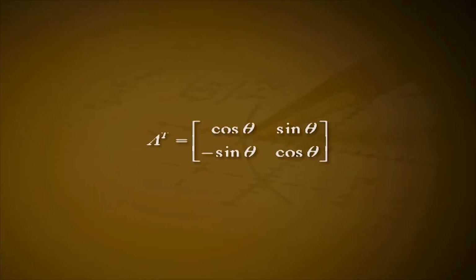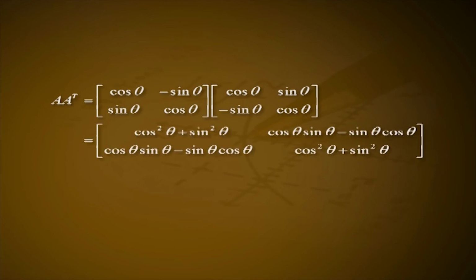Solution: now A transpose is the matrix cos theta, sin theta, minus sin theta, cos theta, so that A into A transpose is equal to matrix cos theta, minus sin theta, sin theta, cos theta into matrix cos theta, sin theta, minus sin theta, cos theta, which is equal to matrix cos square theta plus sin square theta, 0, 0, cos square theta plus sin square theta, which is equal to matrix 1 0 0 1, which is I2, the 2 by 2 identity matrix.